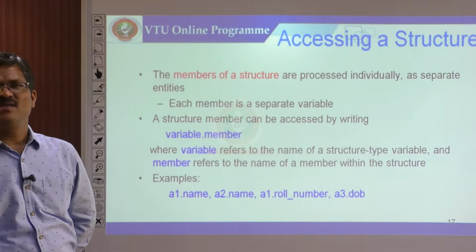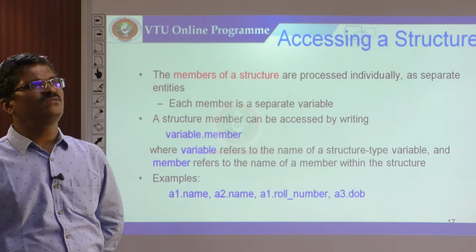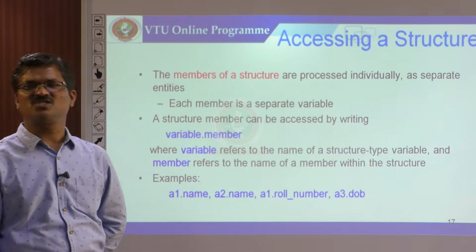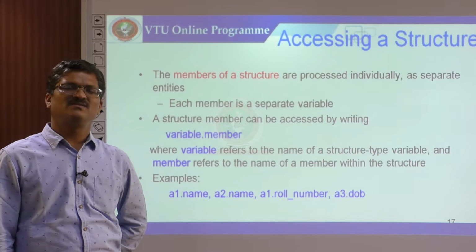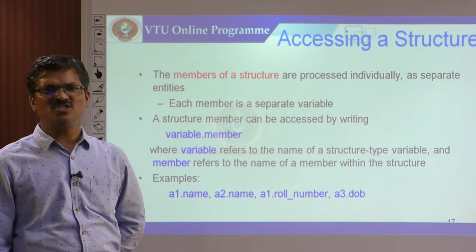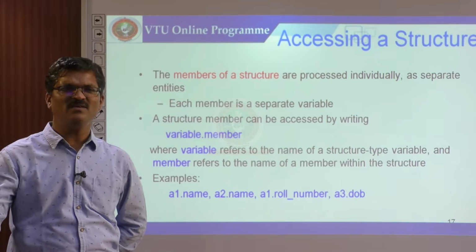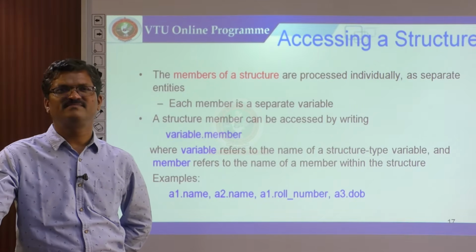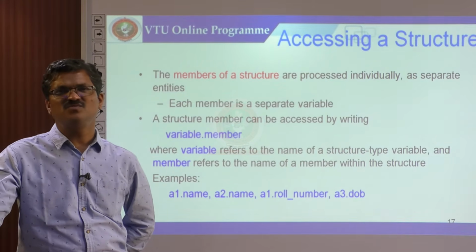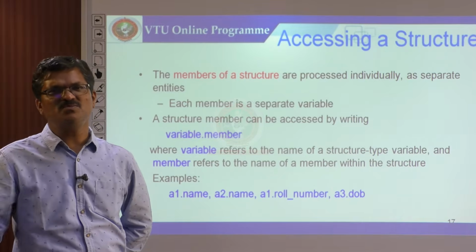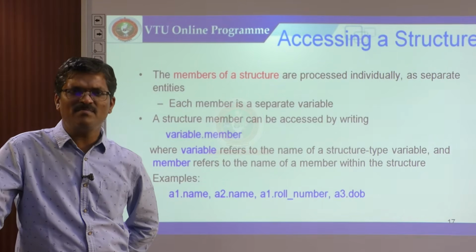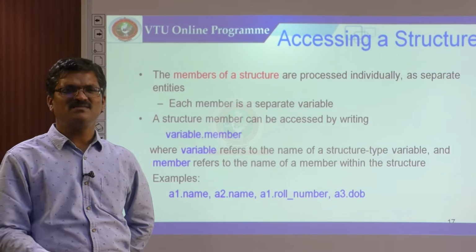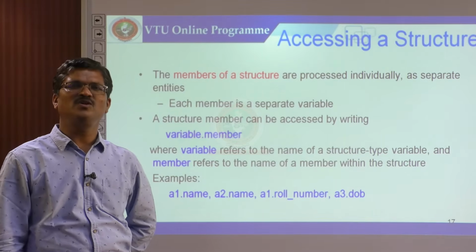Now, let us come to how to access structure members. The members of a structure are processed individually as separate entities. Each member is a separate variable, and a structure member can be accessed like this: variable dot member.